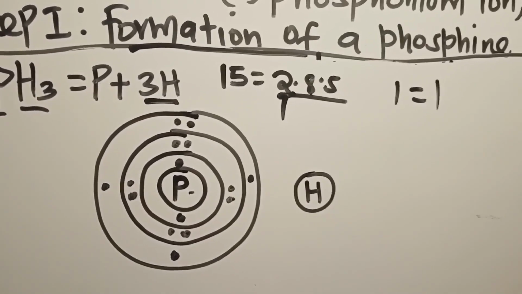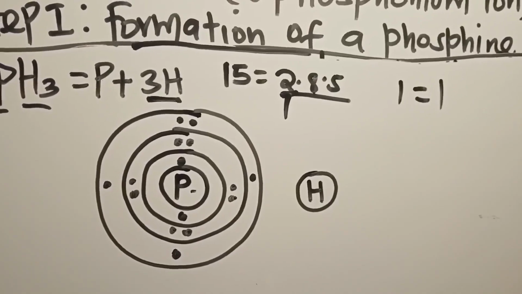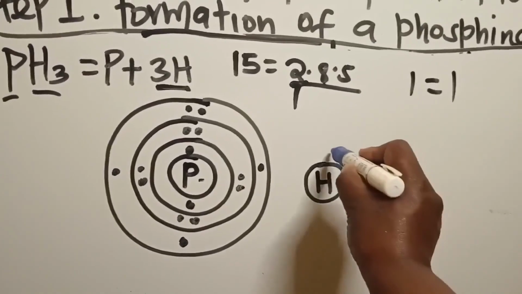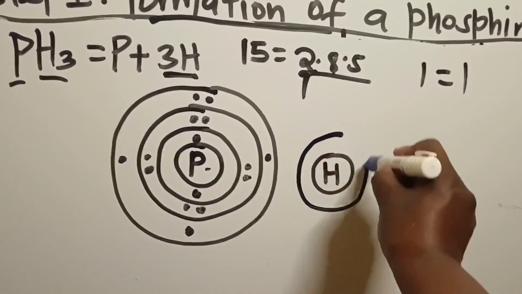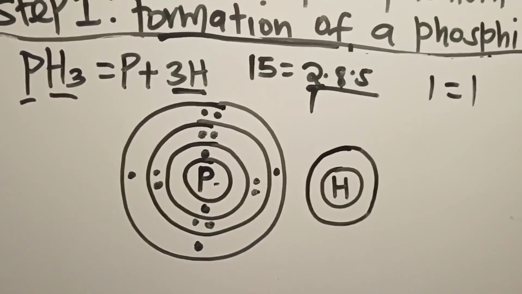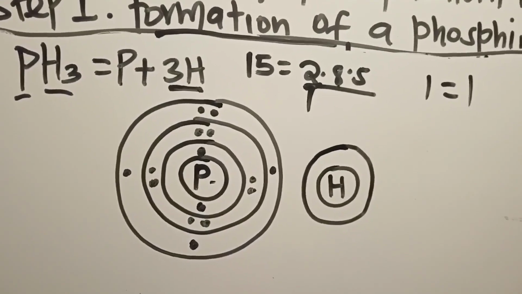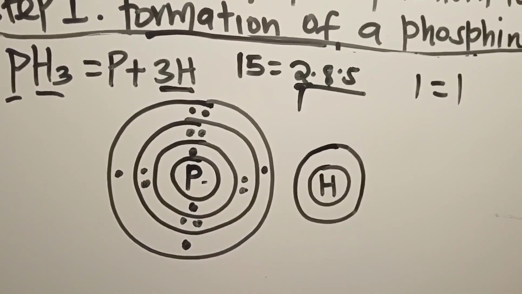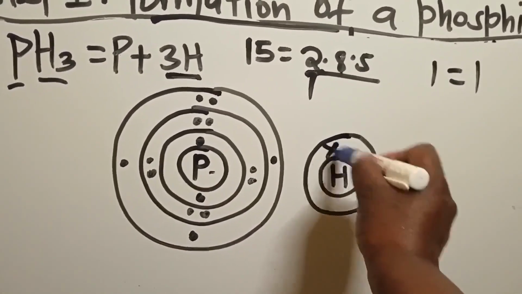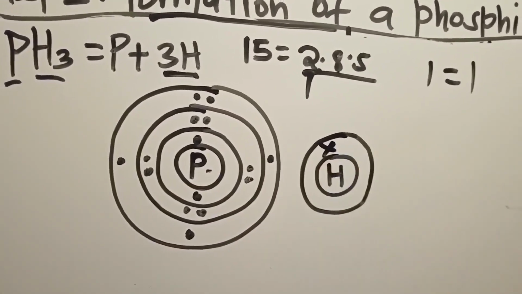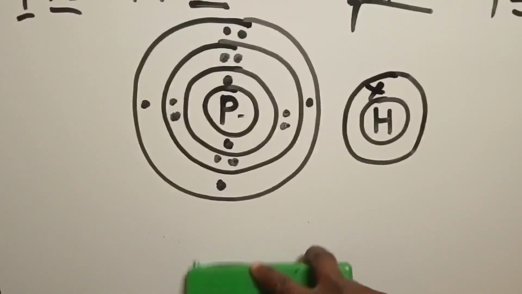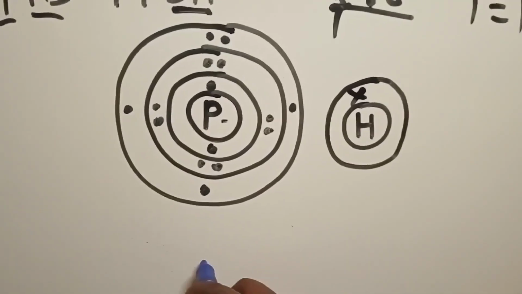So it has only 1 electron, and so the electronic arrangement will just be 1, meaning it just has 1 energy level. And remembering that electrons for hydrogen will be represented by a cross, so just 1. Then we come down here where we also draw hydrogen.